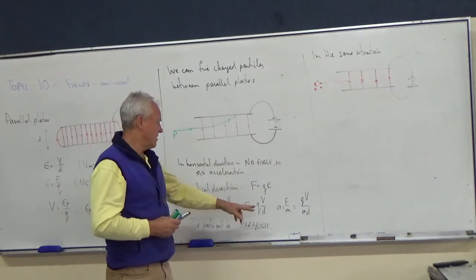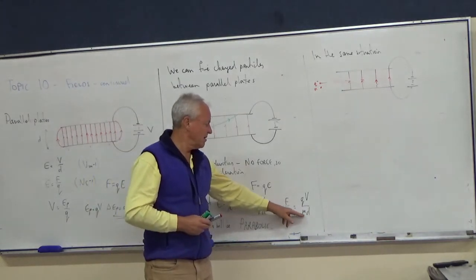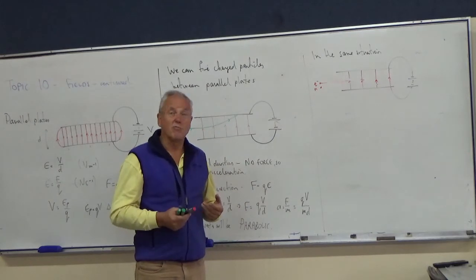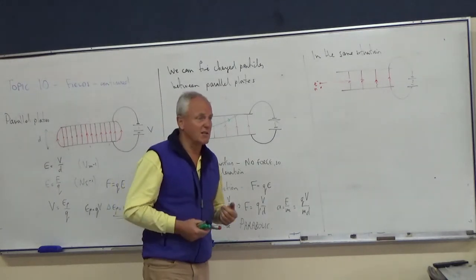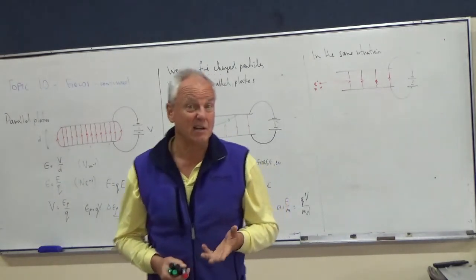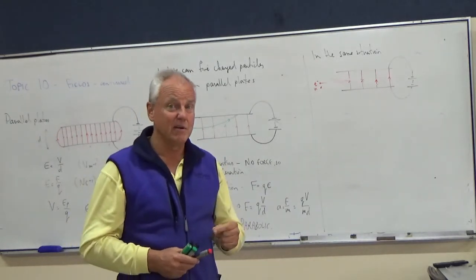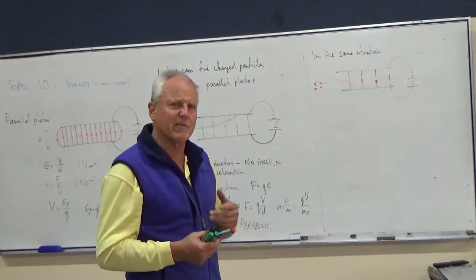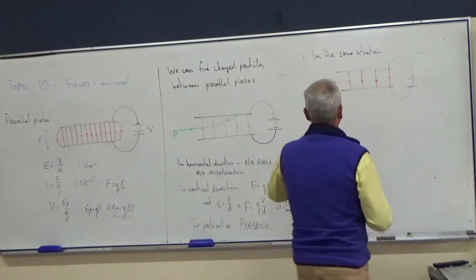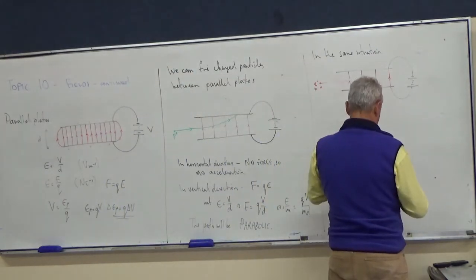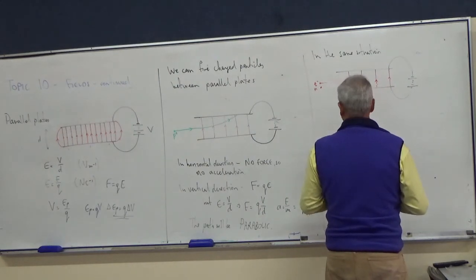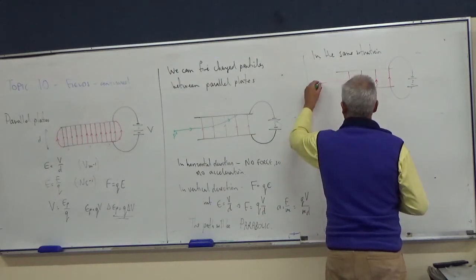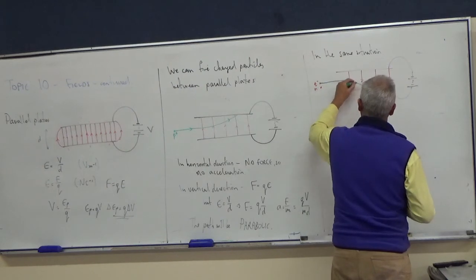But the acceleration on the electron will be much, much, much greater. Remember, the electron is nearly 1,800 times less massive than the proton, and so it'll be affected a lot more. So let's draw that a bit sharper. I'll draw it in green, just to stick with the convention that I used. So the electron comes in and bends.